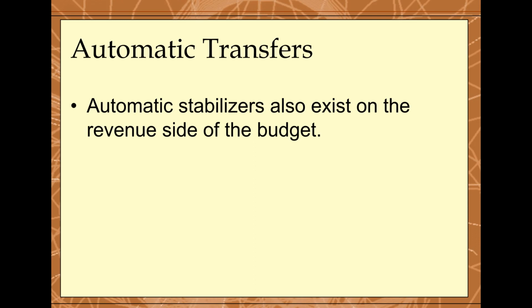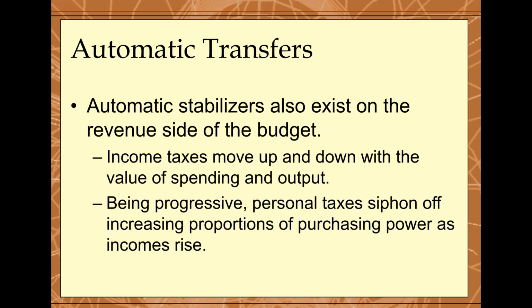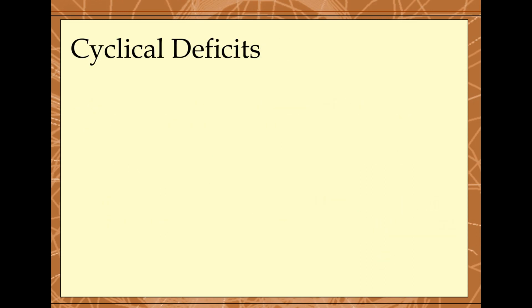So automatic stabilizers also exist on the revenue side. In other words, when the economy is doing well, the government takes in more money because of increased economic activity, and it spends less money on things like unemployment. Now, when the government runs a deficit, it could be for one of two reasons.